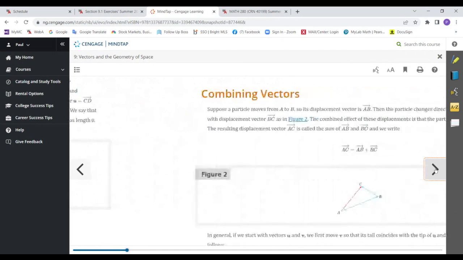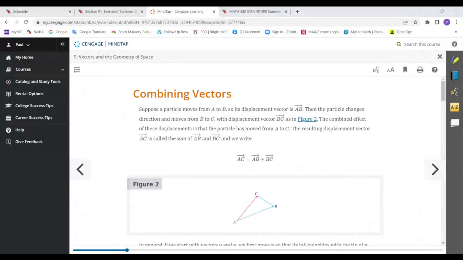If we go to the next page, they show in figure 2 three vectors, vectors AC in red, vectors AB, and vectors BC. If you add the vector AB and the vector BC, you see the end of the vector AB touches the tail of the vector BC.